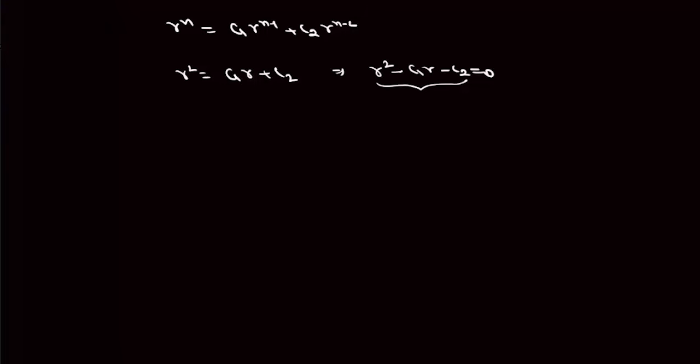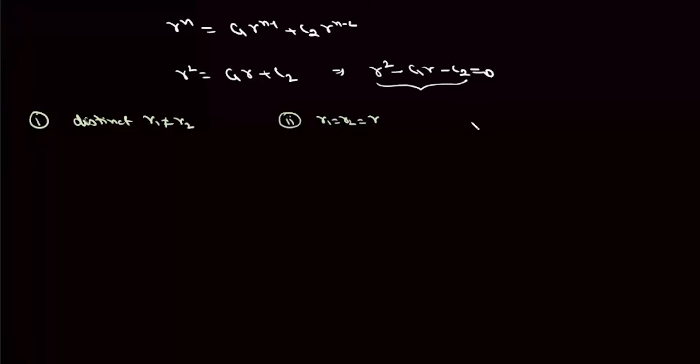Now depending on the nature of the roots, we can write the solution for this recurrence. So the case could be that the roots are distinct, where r1 is unequal to r2, or it could have equal roots where r1 is equal to r2 and it is equal to say r, or this third case when it has complex roots.